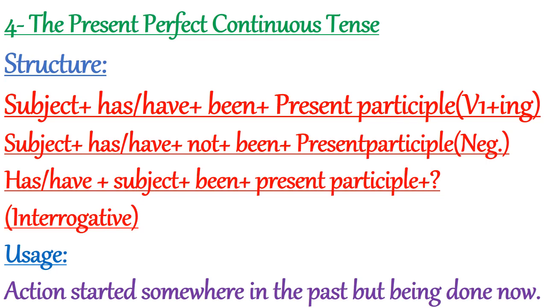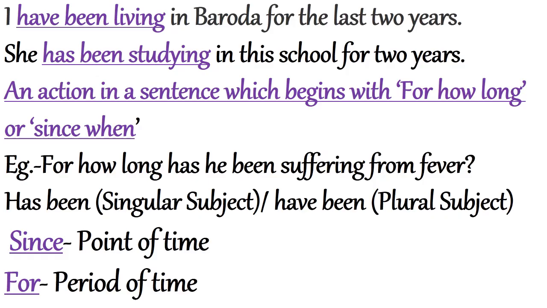So the present perfect continuous tense expresses an action which began in the past but is still going on. So the usage of this tense is, it denotes an action that started somewhere in the past but being done now. For example, I have been living in Baroda for the last 2 years.